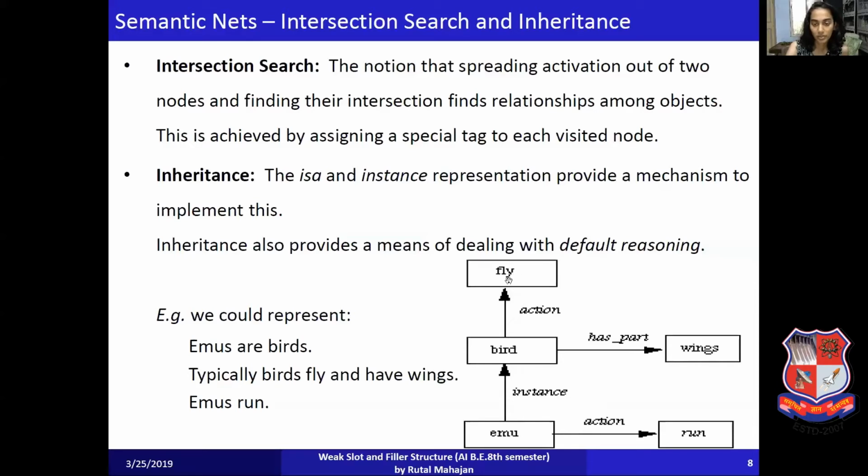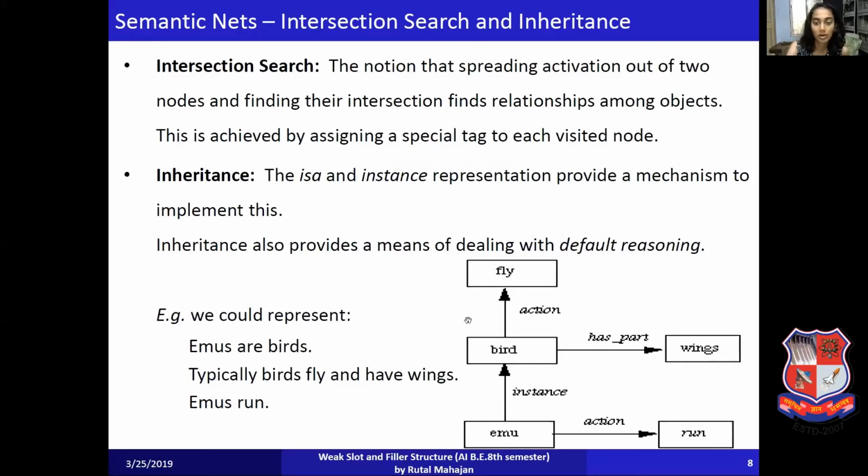Fly. Bird action, bird flies. So we can show bird action, fly. Bird have wings. Typically bird flies and has wings. Any bird has part wings. Okay, emu can run. Emu does action run.